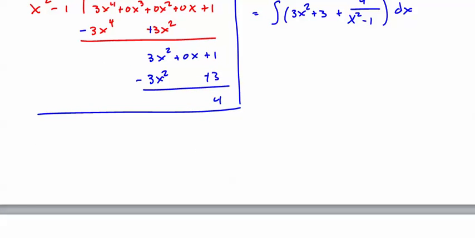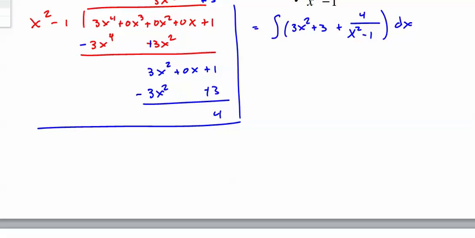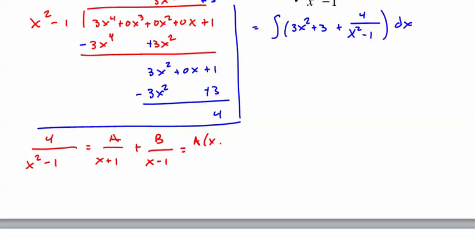We've got 4 over x squared minus 1 equals a over x minus 1, plus b over x plus 1, which is a times x plus 1 plus b times x minus 1 over x squared minus 1.